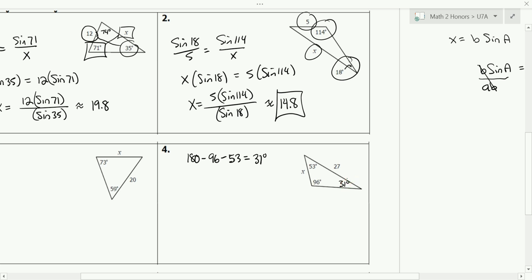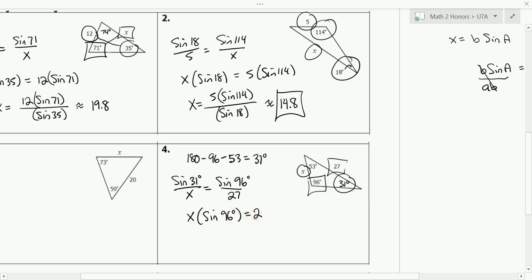All right, so then we can say sine of 31 over x is equal to sine of 96 over 27. Cross multiply, you get x times sine of 96 degrees is 27 times the sine of 31 degrees.